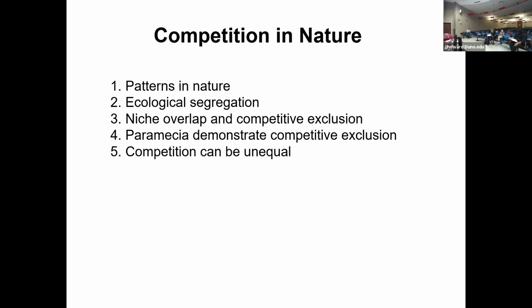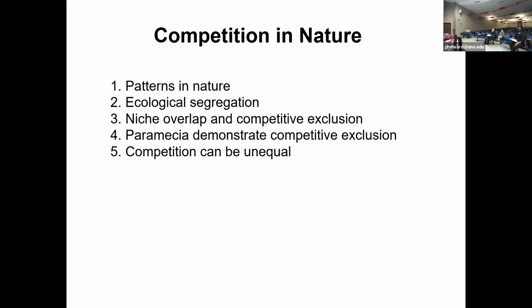But for today, we're simply going to look at one of the major kinds of species interactions in nature, which is competition, and try to understand what happens in nature and what our models should be able to analyze. So we'll look at patterns in nature. We'll look at what we call ecological segregation and explain what that has to do with competition.